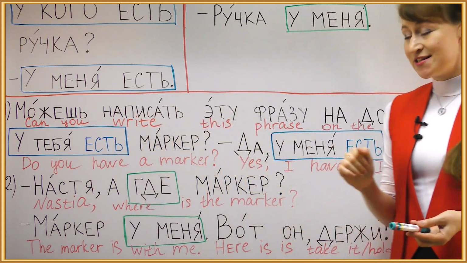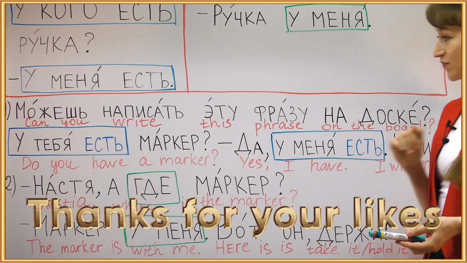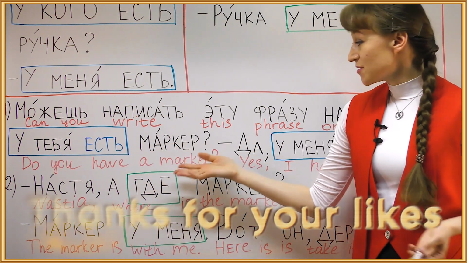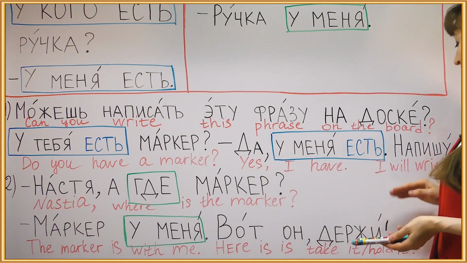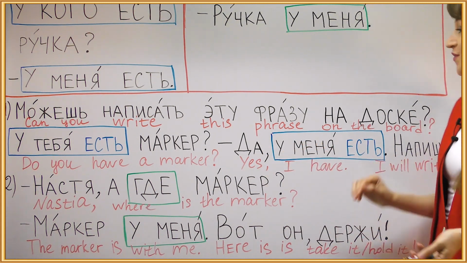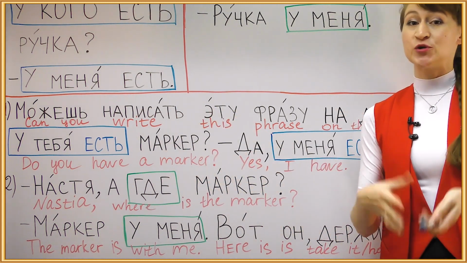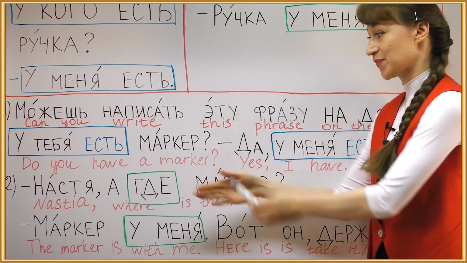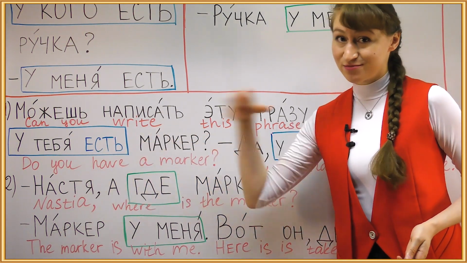Можешь написать эту фразу на доске? У тебя есть маркер? Да, у меня есть. Напишу. So again, here we don't know if this person has a marker. That is why we ask, у тебя есть?